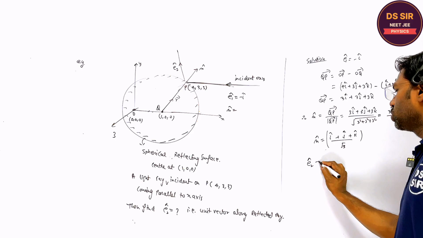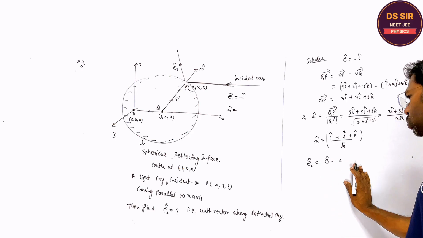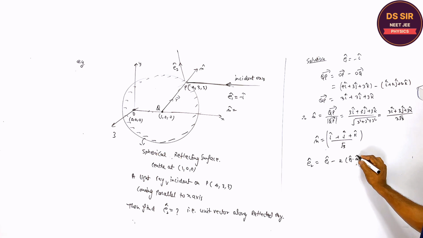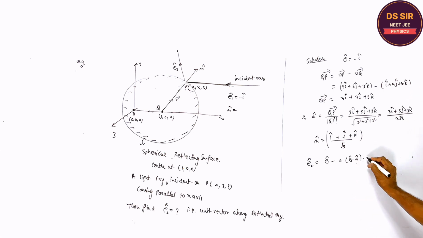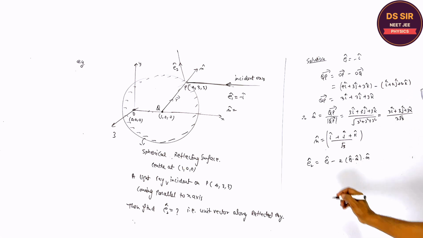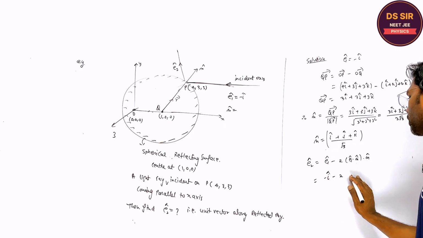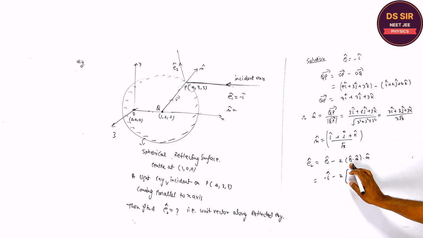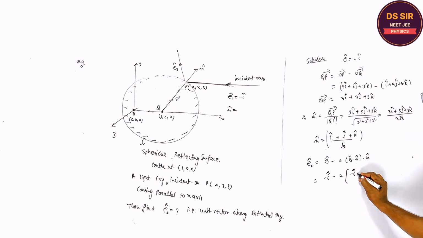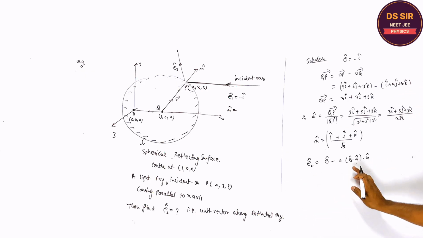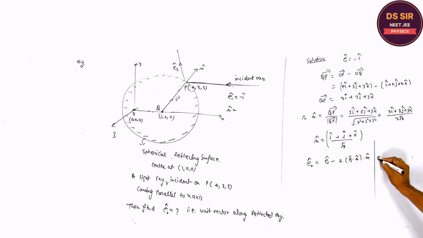Therefore the E2 vector is E1 minus 2 times (E1 dot n cap) times n cap. First the dot product, then multiply by the unit vector. It is better to do E1 dot n cap separately.